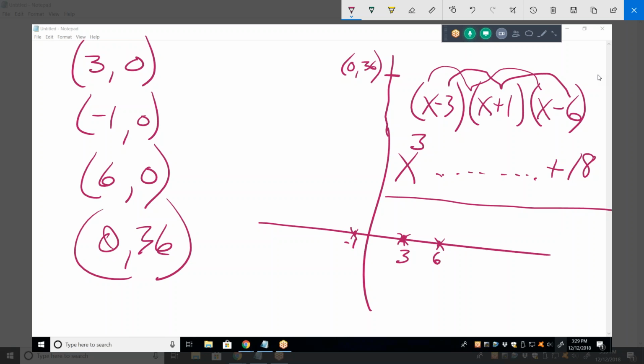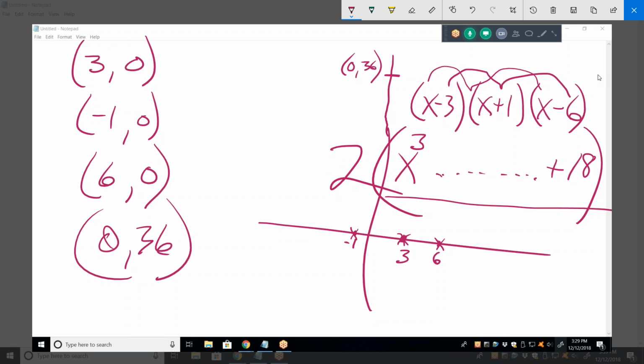So what would my y-intercept be? Would it be 18? Yeah. And yet they're telling us that the y-intercept is 36. So what do I need to do to this function? Well, I can multiply it or divide it by anything I want. It needs to be 2. There's your function.